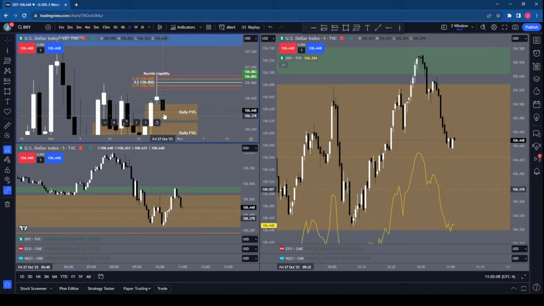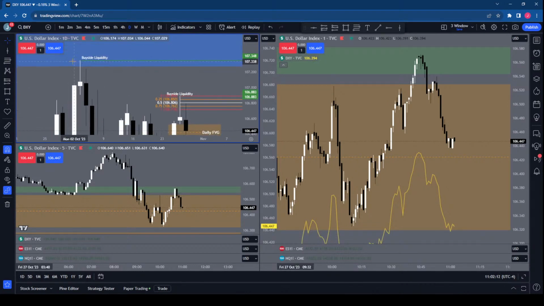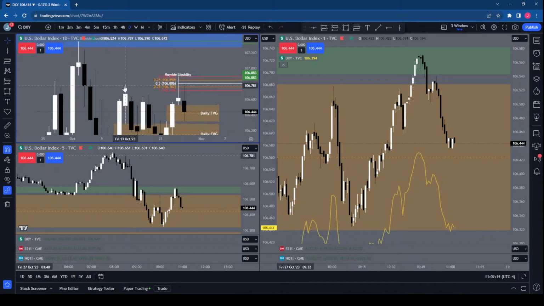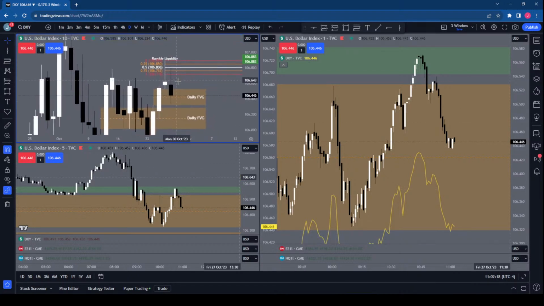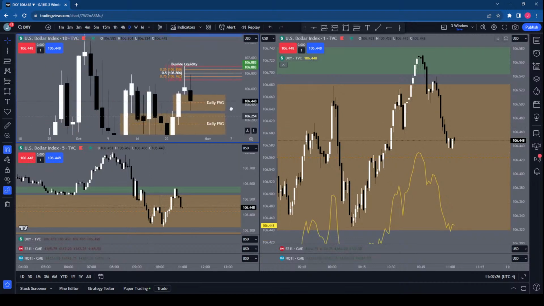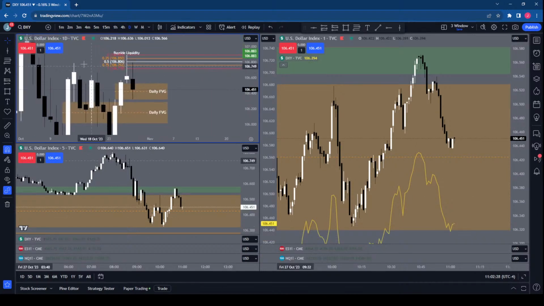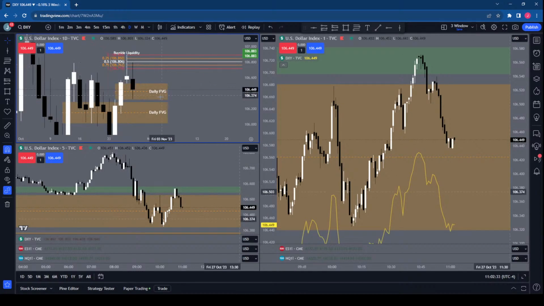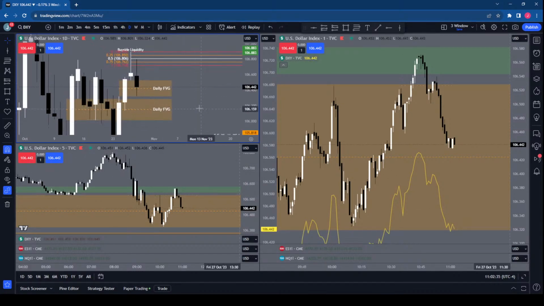We want it to leave this fair value gap because we want it to continue taking buy side. So it did take buy side right here and then reversed. I think if we start to close in the bottom portions of this fair value gap after taking this high, that wouldn't be too good.